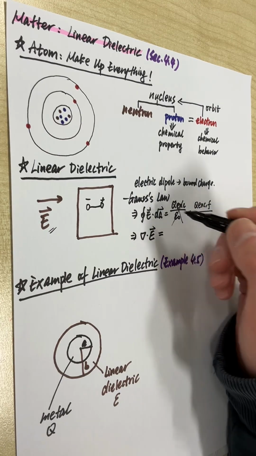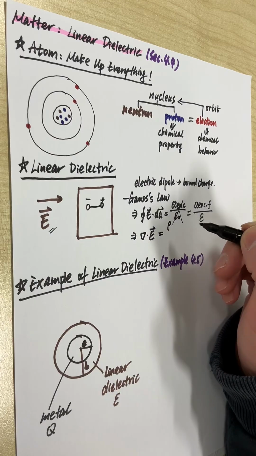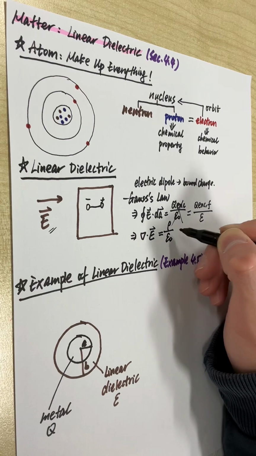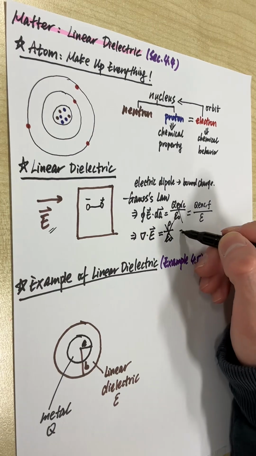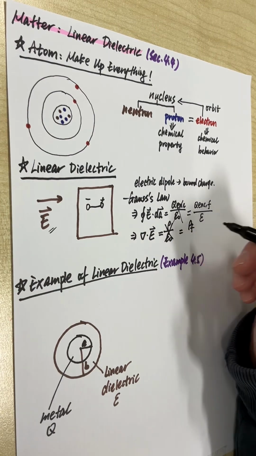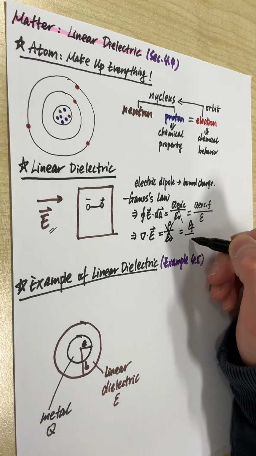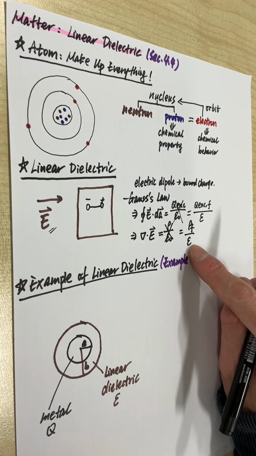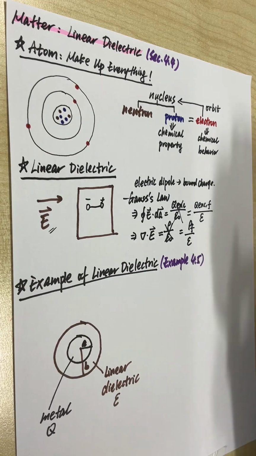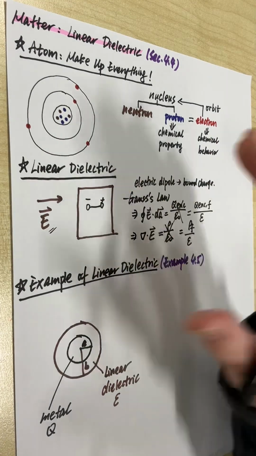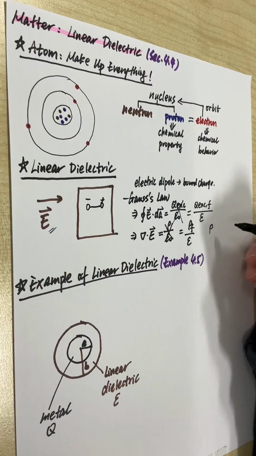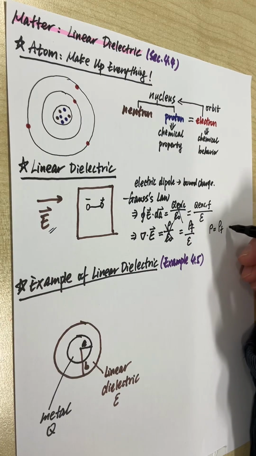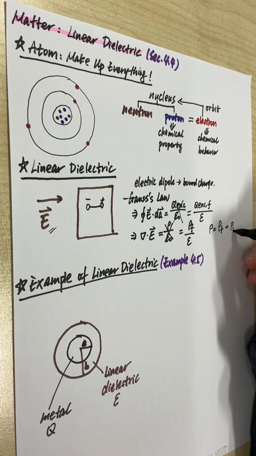Originally, for Gauss' law, we have the total volume charge density divided by epsilon 0, but now this is changed to the total free charge density divided by epsilon, the permittivity of the material. So basically, in the material, we have the total charge density still there, but it equals the free charge and then bound charge.